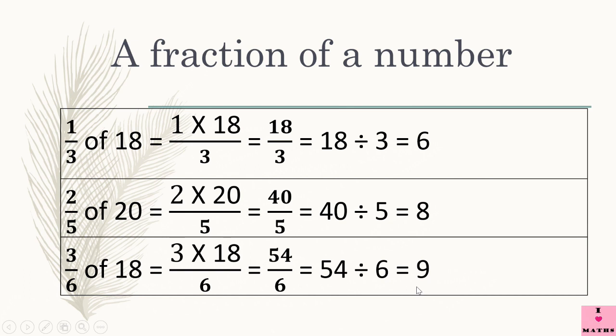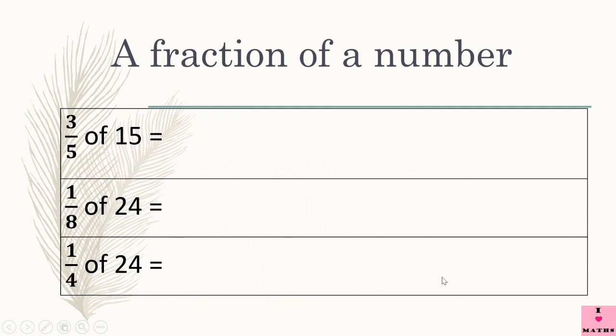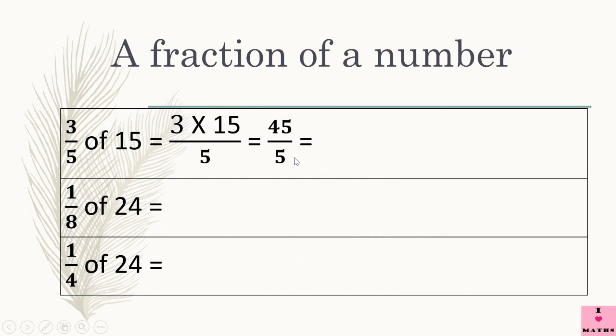Okay, let's do a few more sums, and I'm sure after that you will be very thorough with the concept. 3 upon 5 of 15. This means 3 upon 5 multiplied by 15, or it is equal to 3 into 15 upon 5, which is equal to 15 threes are 45 upon 5.